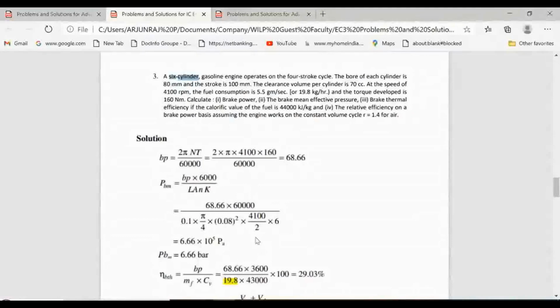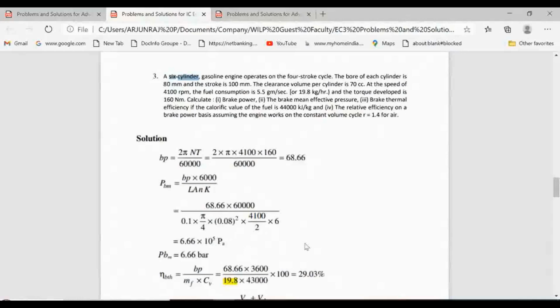One Pascal is nothing but 1 Newton per meter square, which means the load, the force, by the square of the distance. So 1 Newton per 1 meter square, which is nothing but 1 Pascal, is nothing but a pressure.